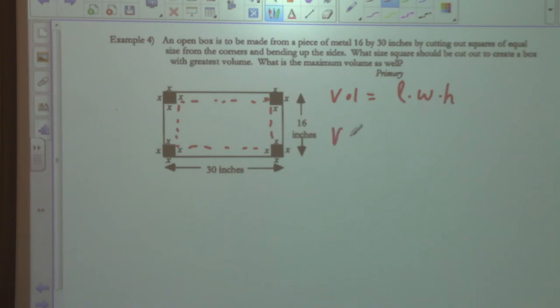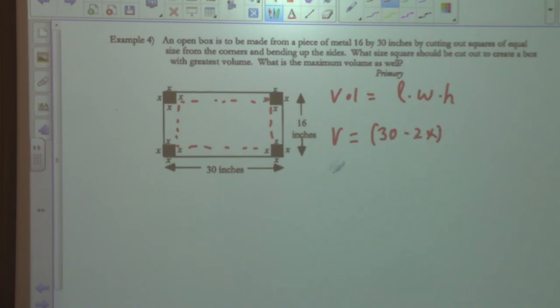So our volume is equal to, how do we get our length? What's our length? 30, but you have to take out the little x, minus this x and minus this x, so it's going to be 30 minus 2x.